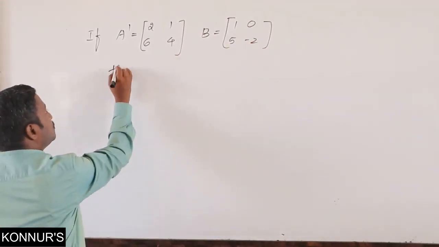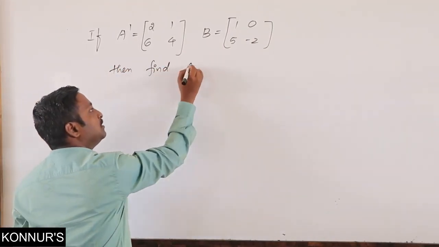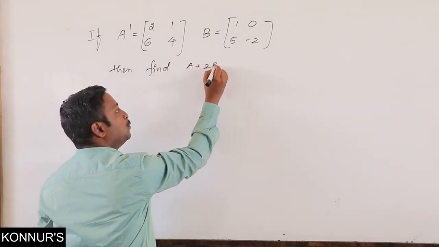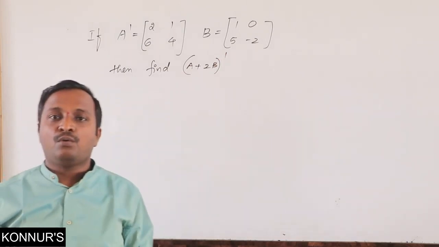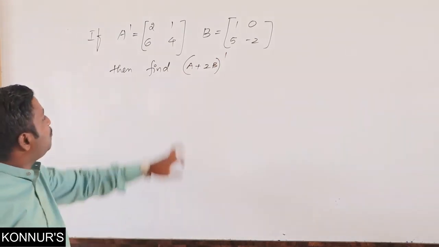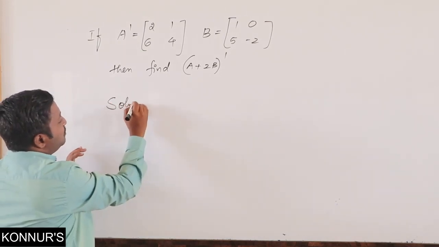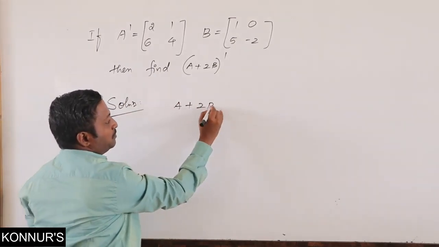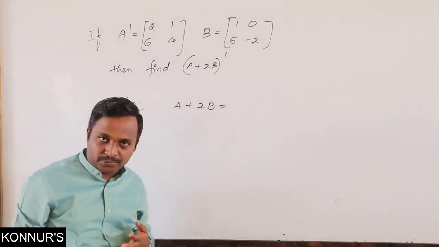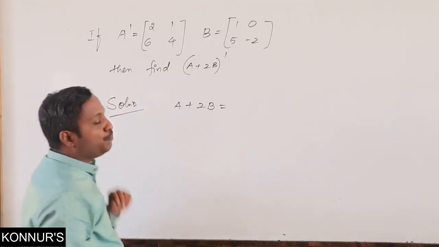Then find A plus 2B whole dash. For that, I will first find A plus 2B, then the whole dash later we can do it.